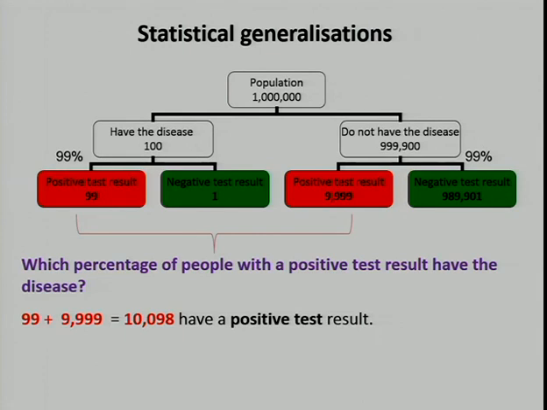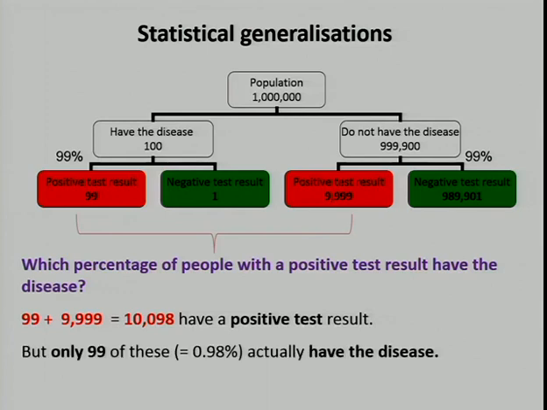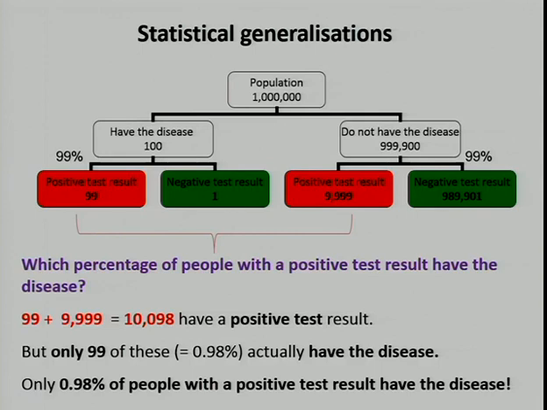So we add it together, and the total number of people that have a positive result is actually very large. And we also know that only a small percentage of those, actually under 1%, have the disease. So that is exactly what gets us that calculation.